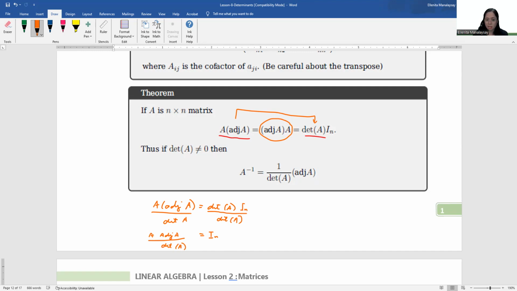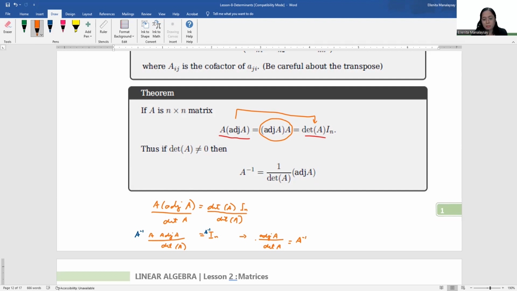So these are the factors on the left-hand side of the equation. A is a matrix, and we have the identity. We can multiply both sides of the equation by A inverse. So that will give us A inverse times the identity, which is simply adjoint of A over the determinant of A. This is equal to A inverse times the identity.